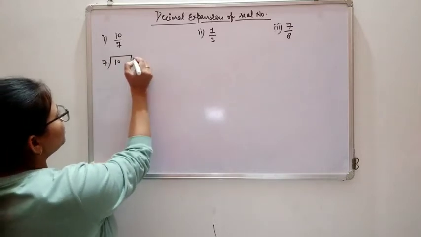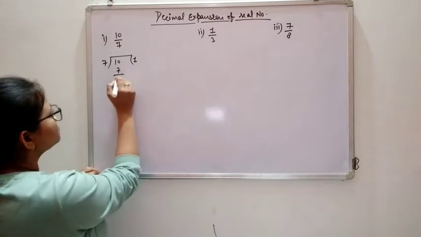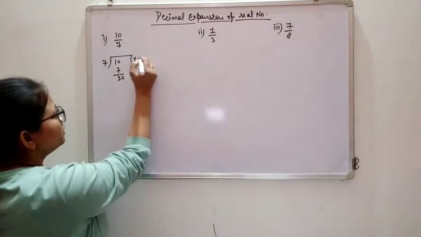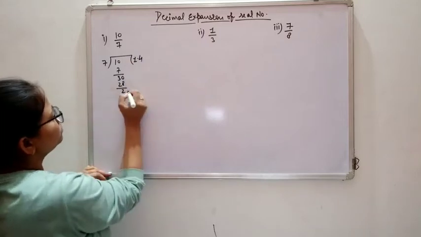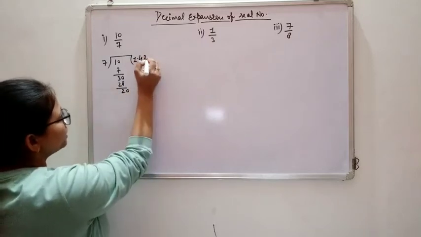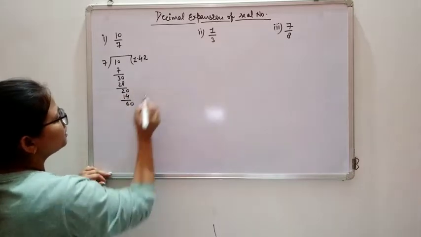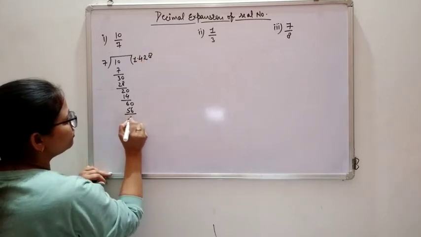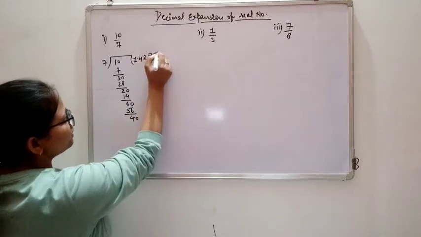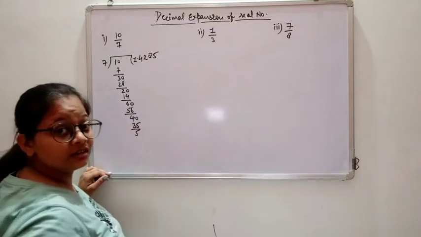Now how many times will 7 go? 1 time, right? The remainder will be 3. Now 4 times. Remainder will be 2. Now 2 times. Remainder will be 6. Now 8 times. Remainder will be 4. Now 5 times. Remainder will be 5, right?